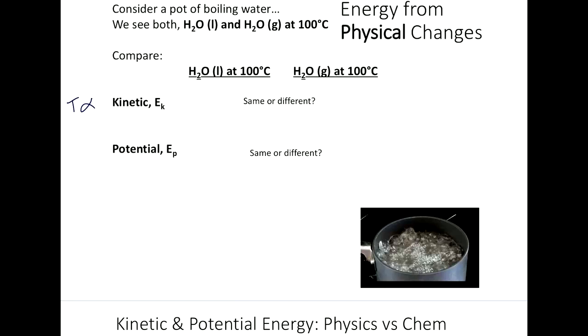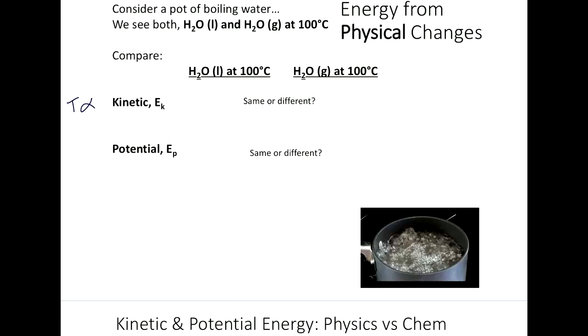So let's think about what's happening when a pot of water boils. You put a pot of water on the stovetop, you crank it up until that water starts to boil. At that point, when the water is boiling, you actually have two different phases present. You have liquid water still in the pot that's actively boiling, but you also have water vapor, the steam above it.